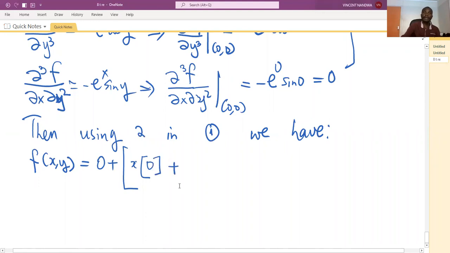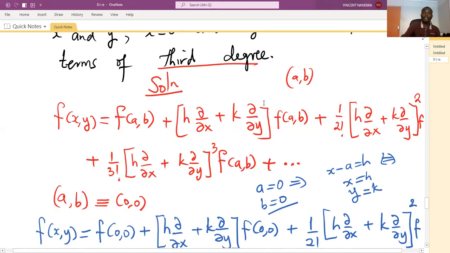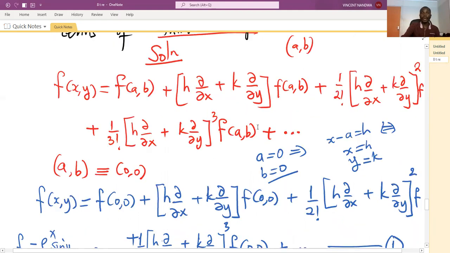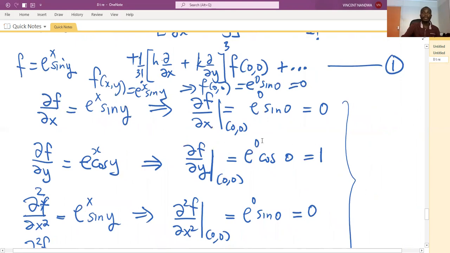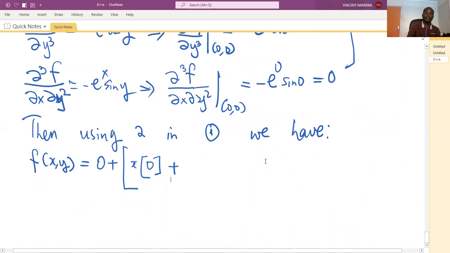Plus our second partial derivative with respect to the first derivative with respect to y, the answer was 1. And then k, the same as y.